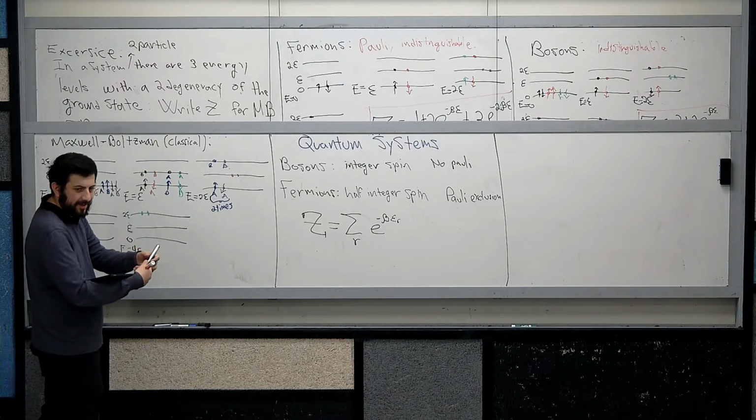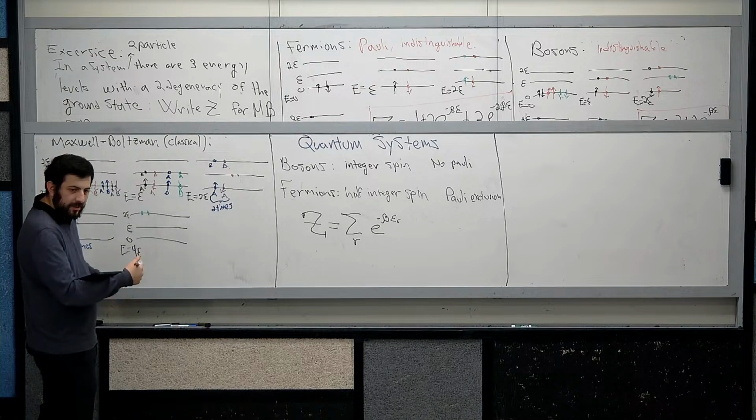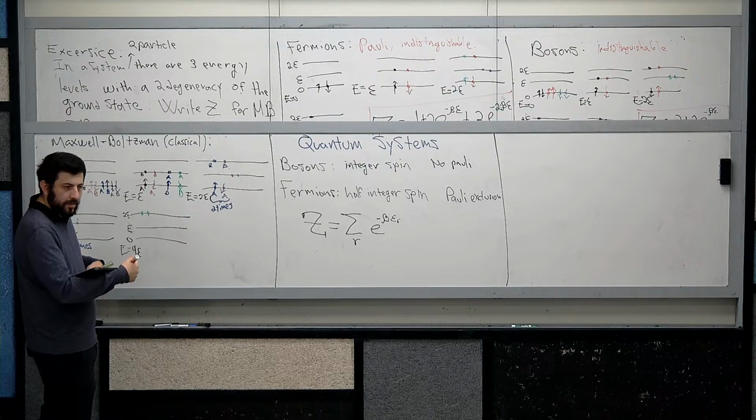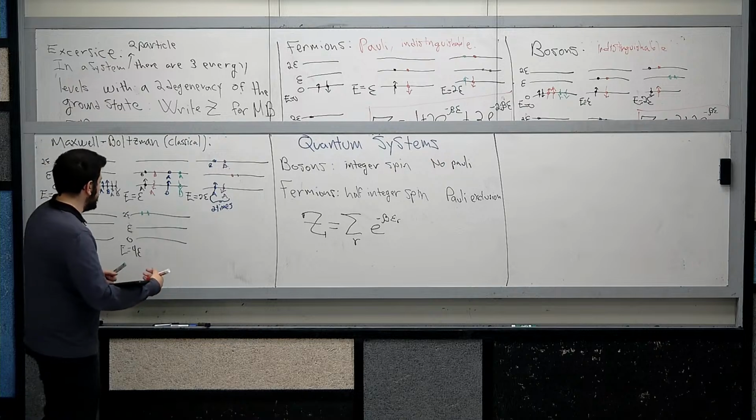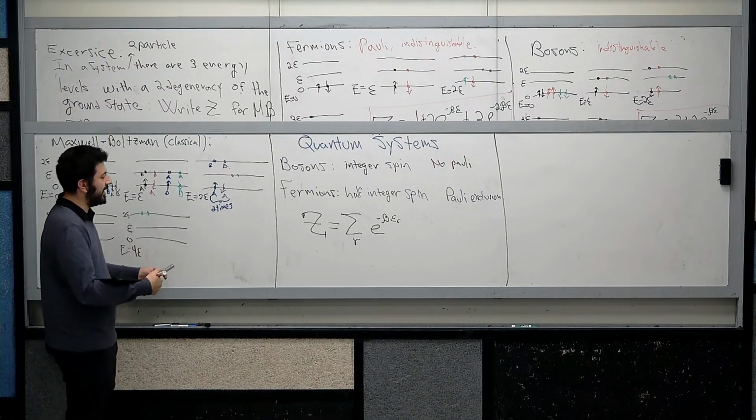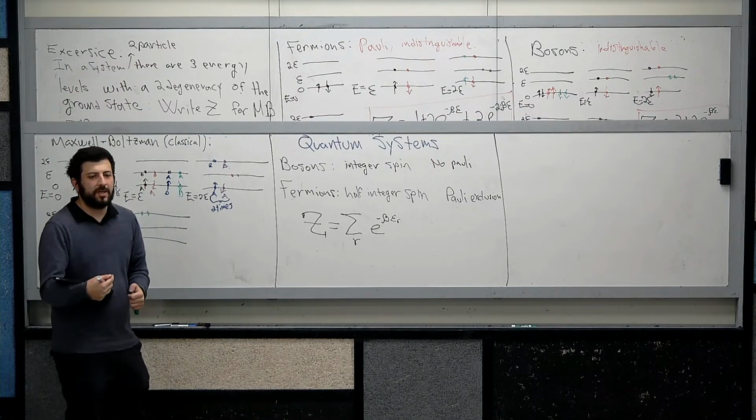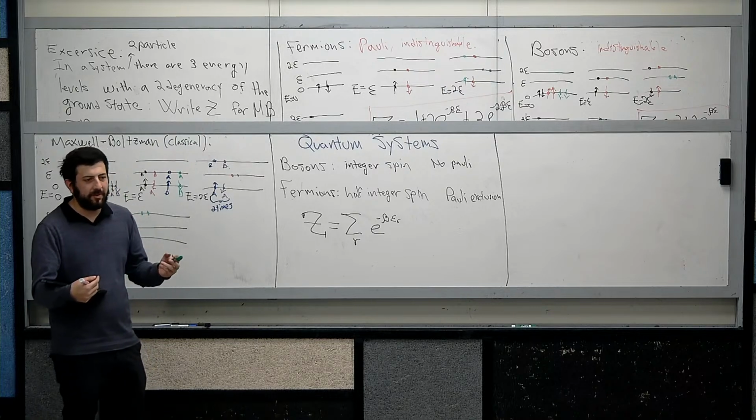Okay. Another question: is it possible for a classical particle to have spin? No. Quantum spin is a quantum mechanical property, but you can actually have a degree of freedom.